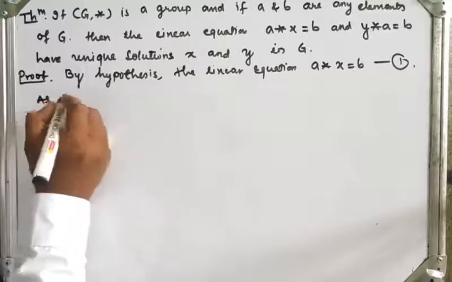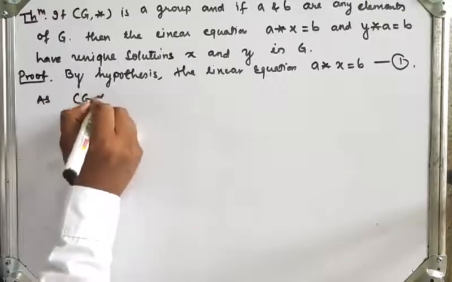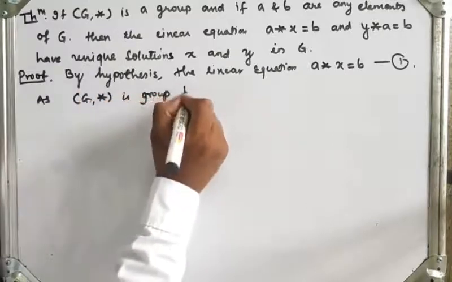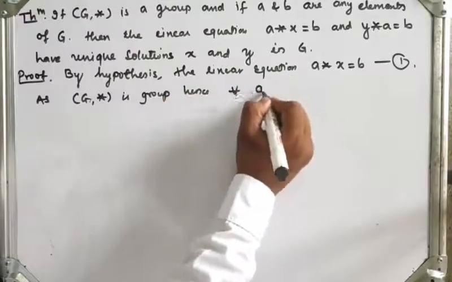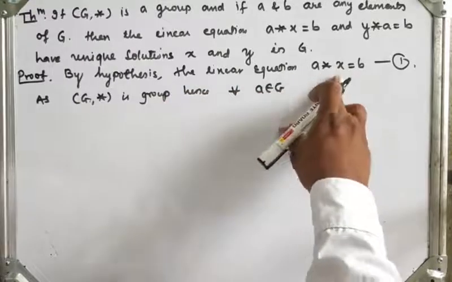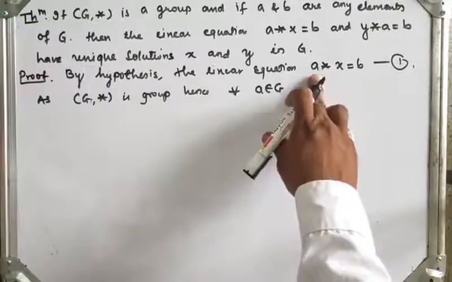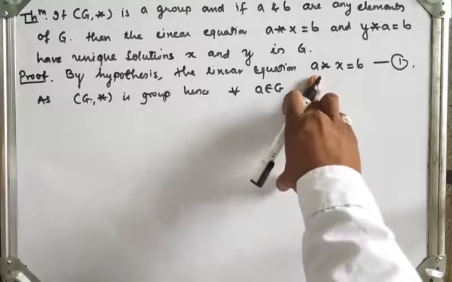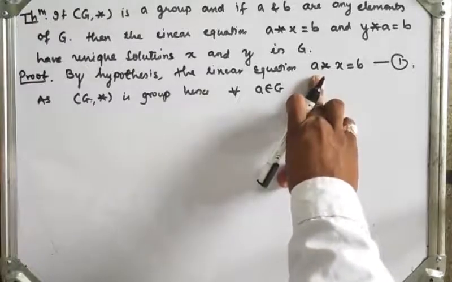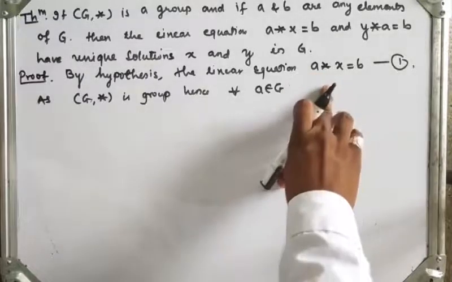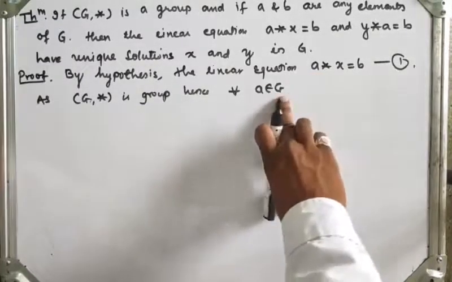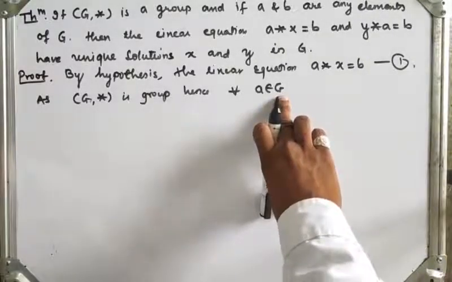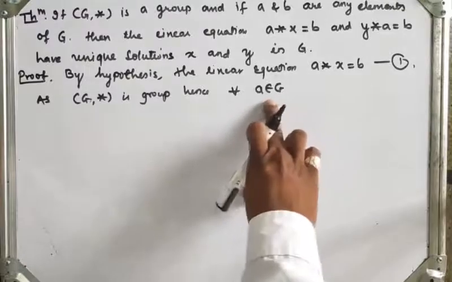As G under star is a group, hence for all A belonging to G, here A star X is equal to B, so for every element in set G, the first property closure is satisfied, the second property associativity in G is satisfied, the third property, for every element in G there exists an identity element, and the last property, for every element inside G there exists an inverse element of A in G.